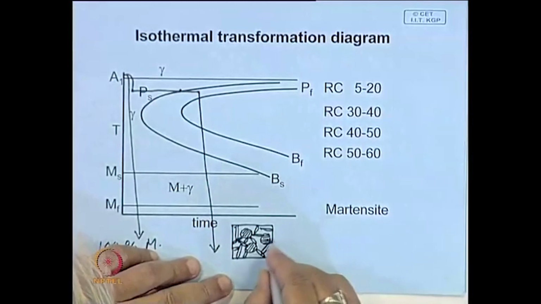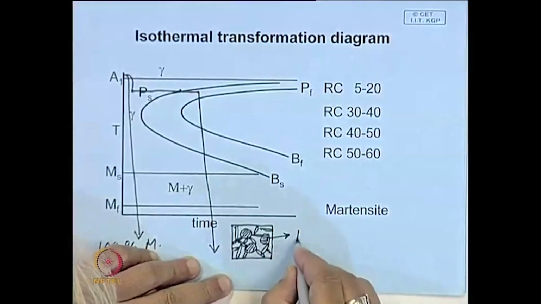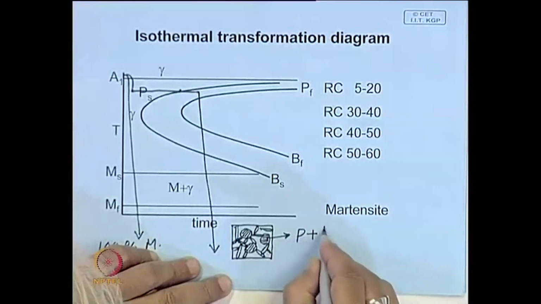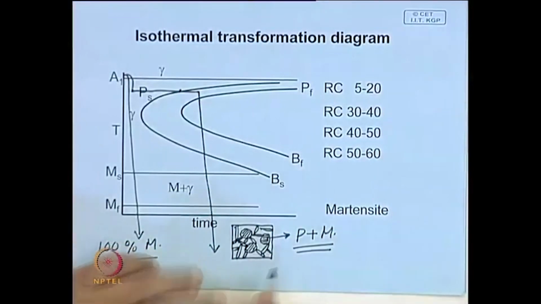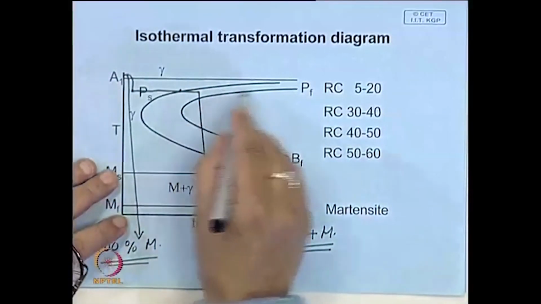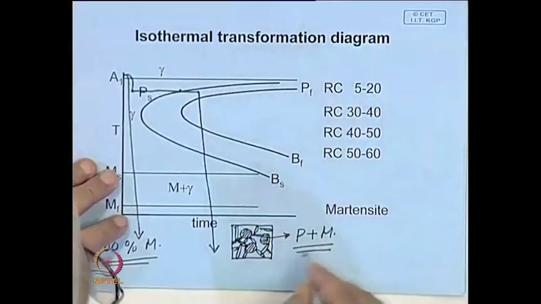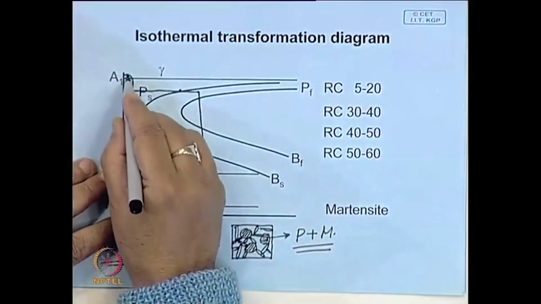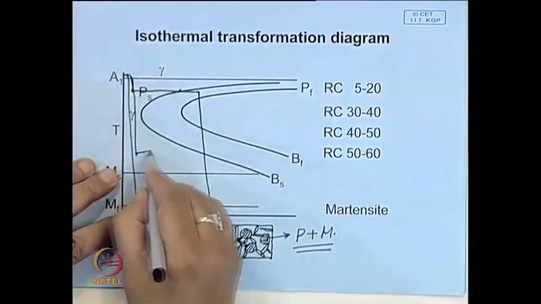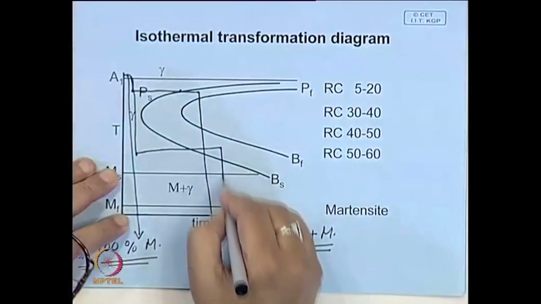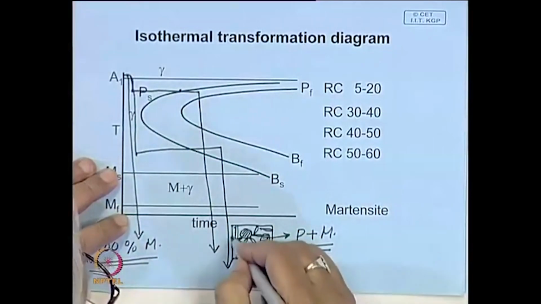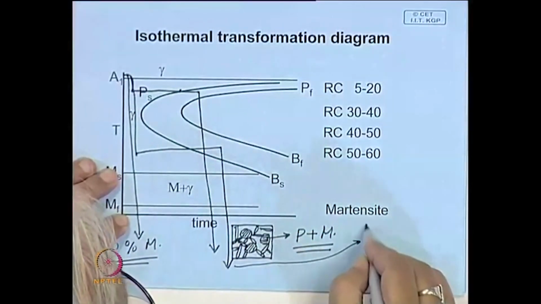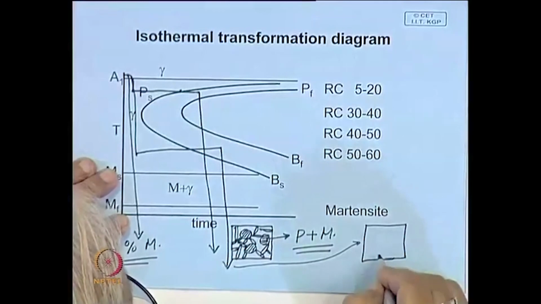So, what structure you have in between is a pearlite plus martensite structure, and depending on the temperature, it can be coarse pearlite or fine pearlite. Similarly, if you quench something here, hold it and from here you quench, in this case the structure will be in the same way.